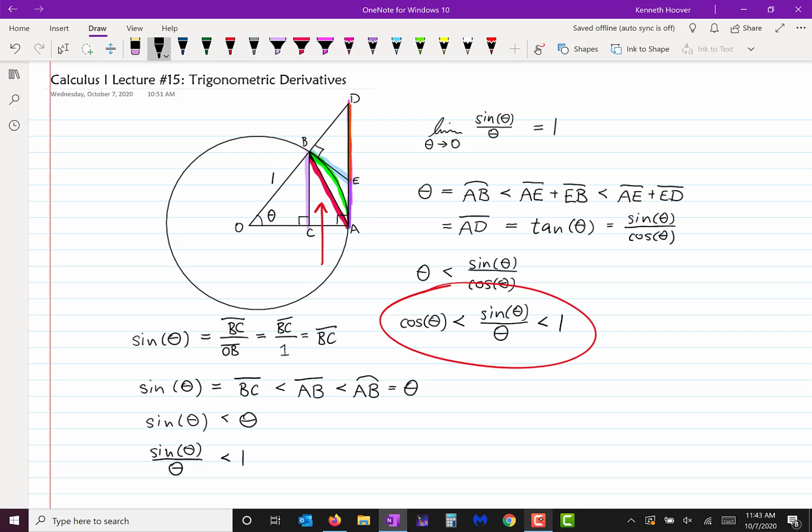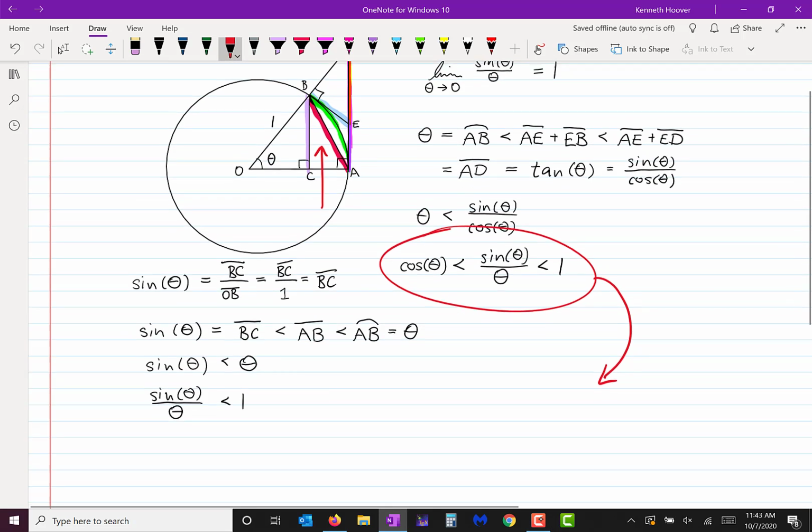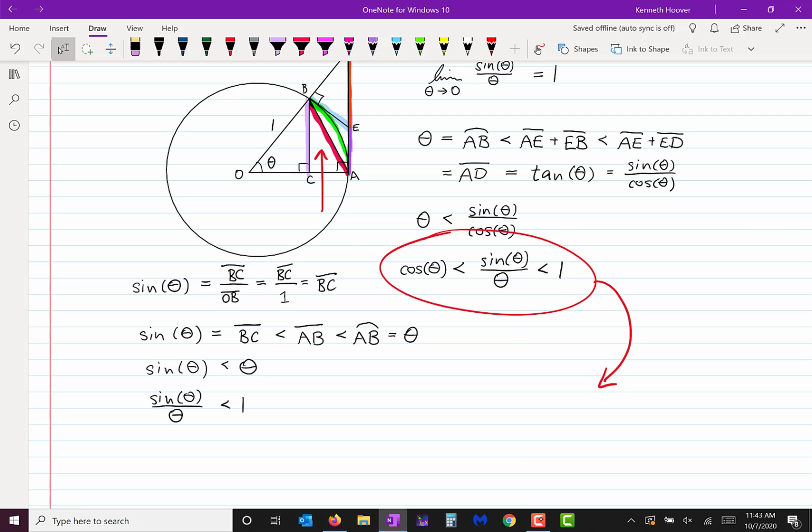So what I'm going to do here is I'm going to do the limit, whoops, this should be black, of sine of theta over theta as theta goes to 0, but theta is positive. So that'll be theta approaches 0 from the positive direction.